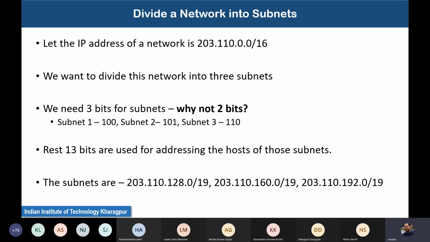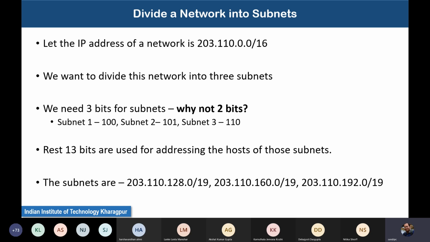So what is going to be the network IP for these 3 subnets that I have created? The first subnet will be 203.110. Then from these 8 bits, I have taken the first 3 bits as 100, and the remaining will be 0. So it becomes 128, that is 203.110.128.0.